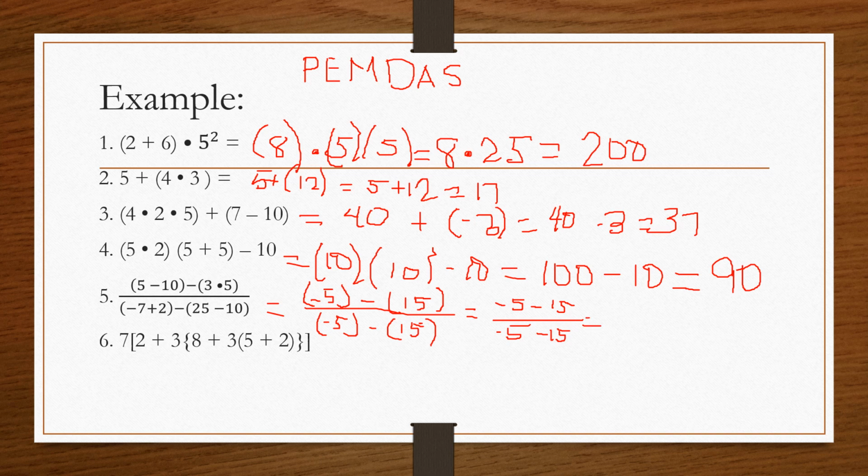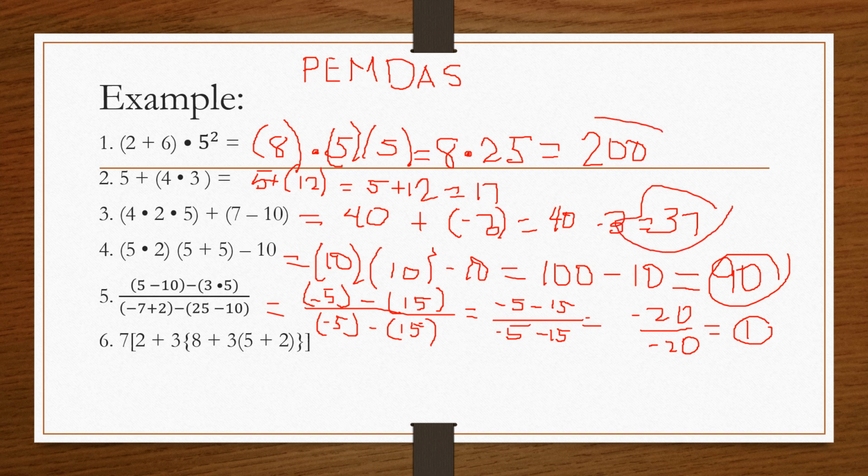Negative 5 minus 15 is negative 20. So let us combine because they have the same. So negative 20 divided by negative 20 is equals to positive 1. Alright? Let's circle all the correct answers.